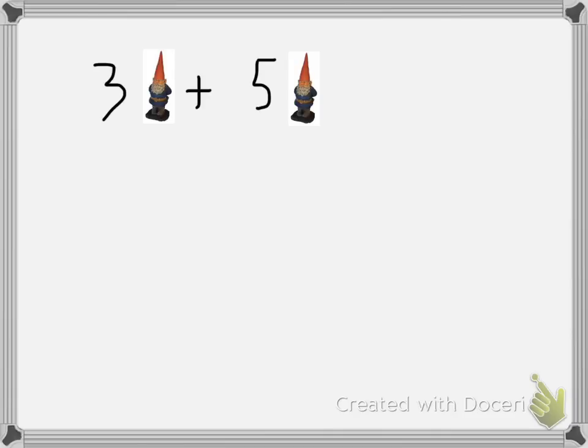Okay, let's look at this example here. I have 3 gnomes, and I'm going to add to that 5 gnomes. The gnomes in this situation are going to represent our variable.